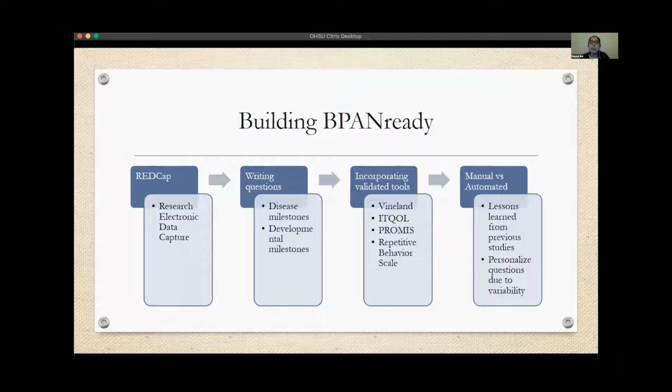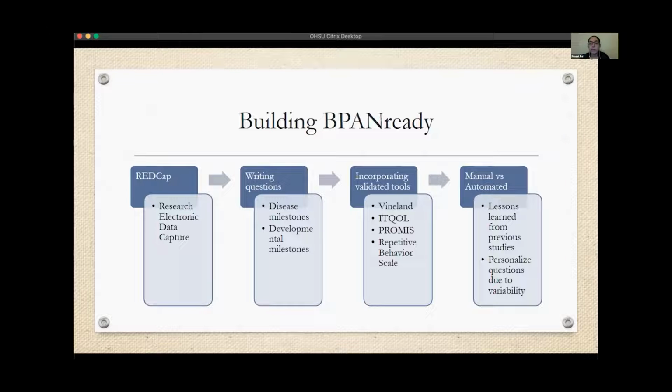We realized it can be frustrating and sometimes distressing for families when they have to answer the same question over and over again about either symptoms that their child is having or milestones that their child isn't hitting or skills they've lost. And so what we tried to do as part of this study is to really personalize the questions to where each child is at developmentally.